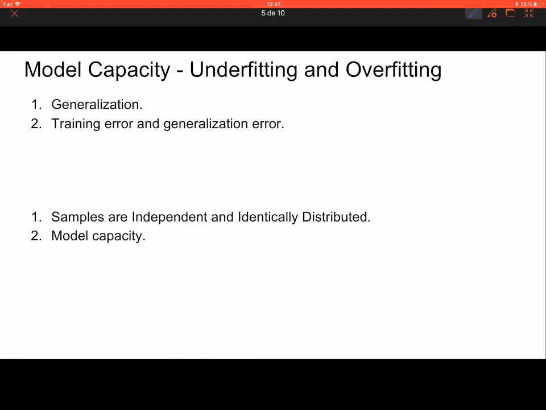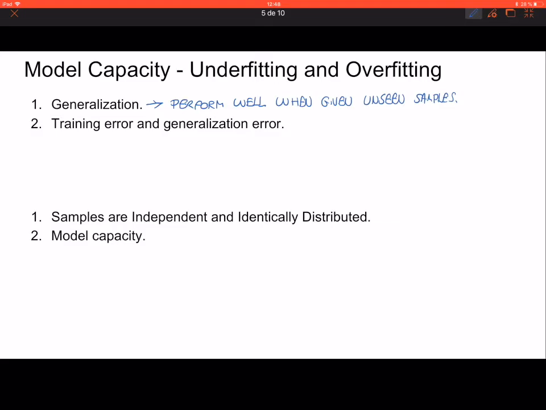So we want to find the right capacity that allows our model to fit unseen data. Okay, so we want our model to perform well when given unseen samples.